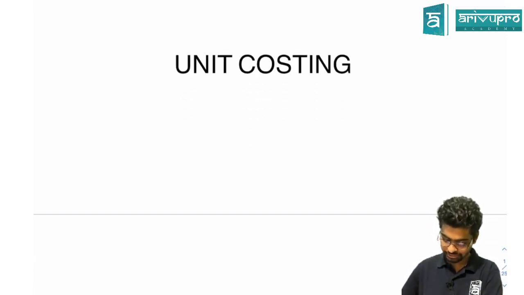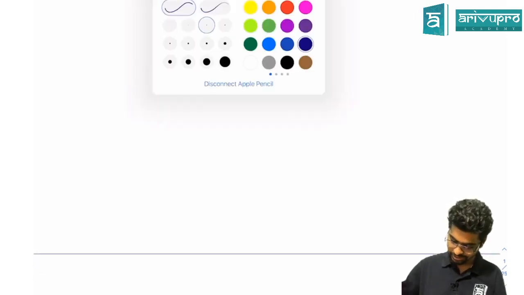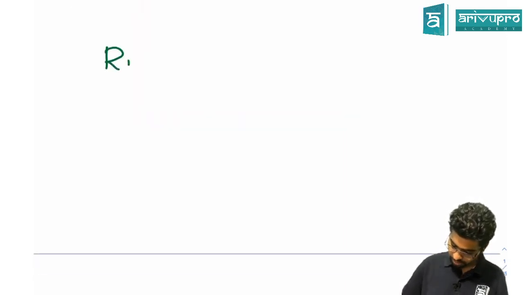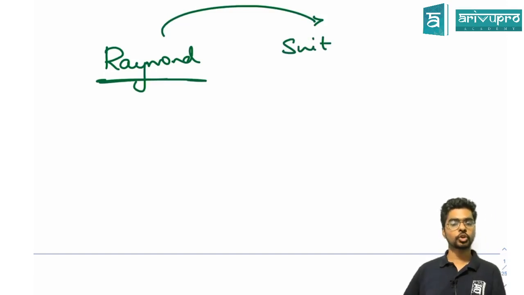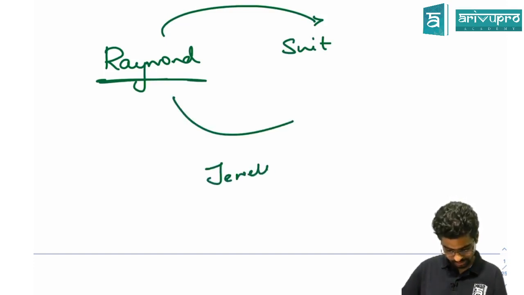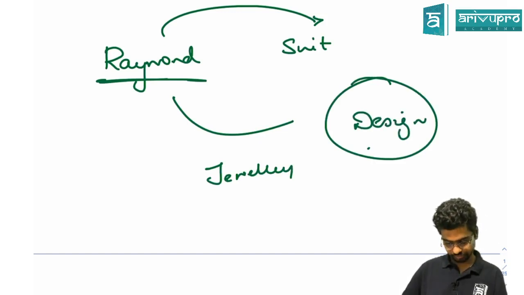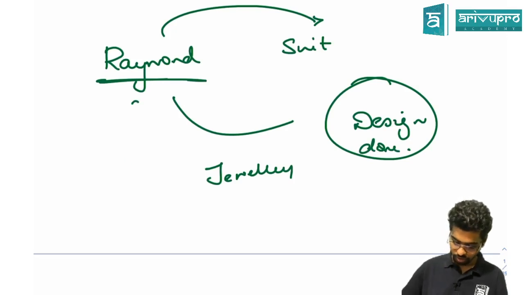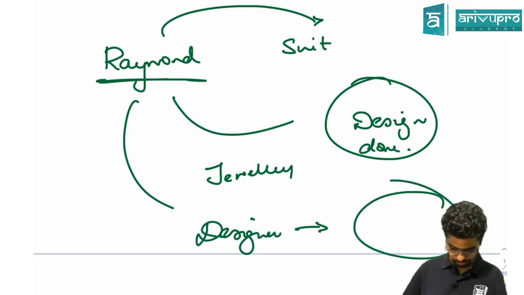For example, I give this example because I like this particular brand: a Raymond showroom making a suit for you. When you go to a jewelry shop, you get a particular design done, or you go to a designer boutique and get a specific design.